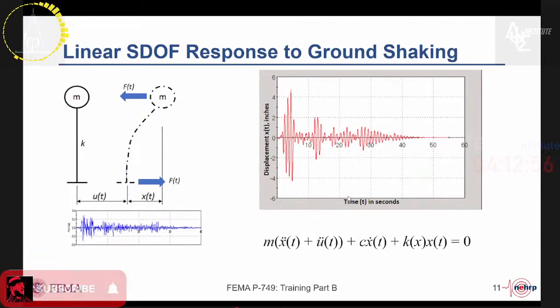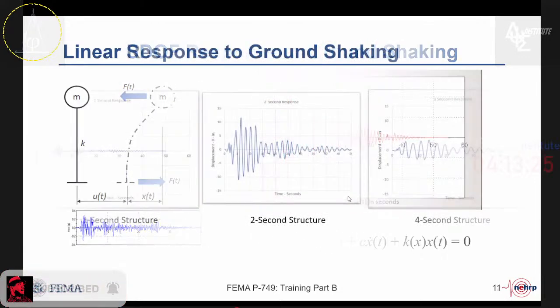The quantity x of t is the displacement of the structure's mass relative to the ground at a point in time t. The stiffness K and damping C are coefficients and properties of the structure. By integrating this equation numerically, you can determine the displacement versus time of the structure relative to the ground, and also the force in the structure.